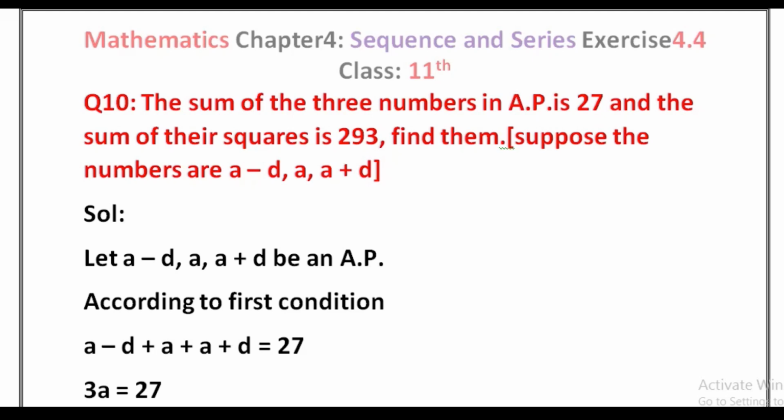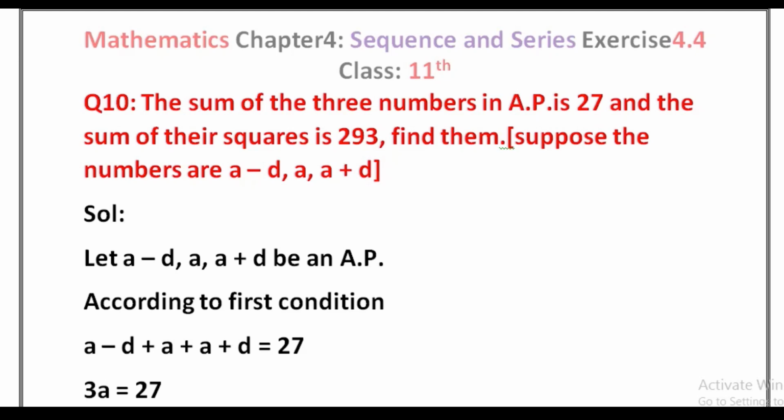Suppose the numbers are a minus d, a, a plus d. Let a minus d, a, a plus d be an arithmetic progression. According to the first condition, the sum of the three numbers is 27.